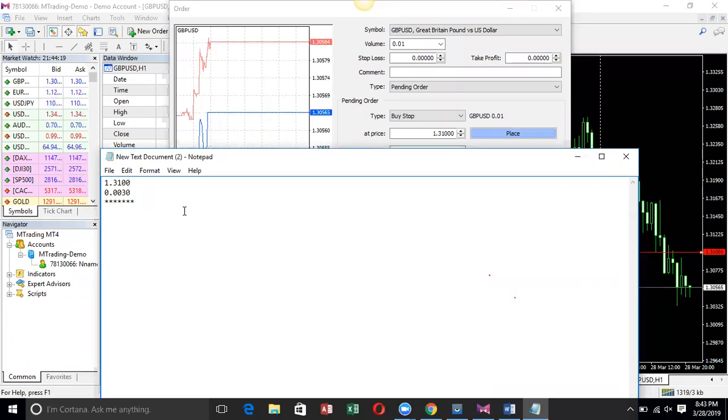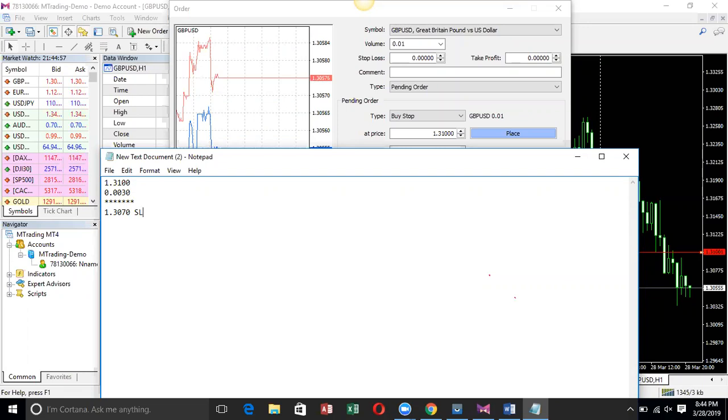Then, in this case, we will subtract because we are buying. So we will have 1.3070. This is what we will have as our SL.